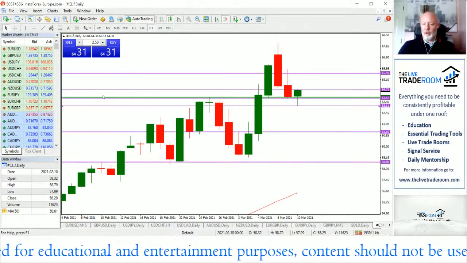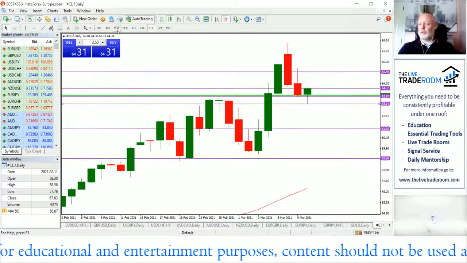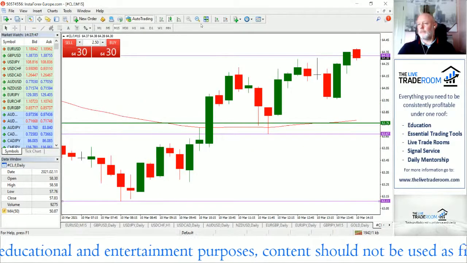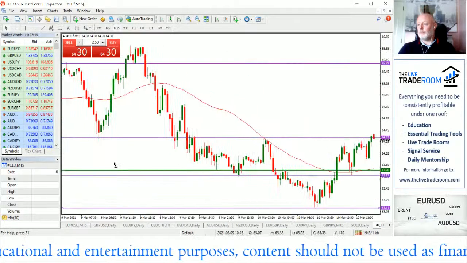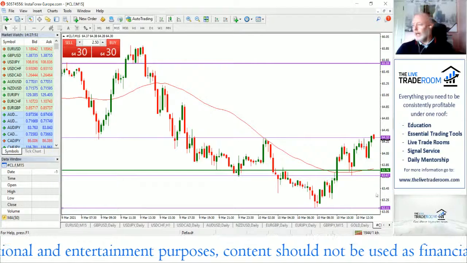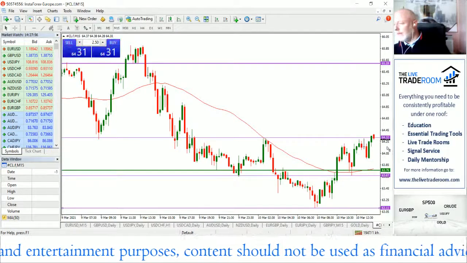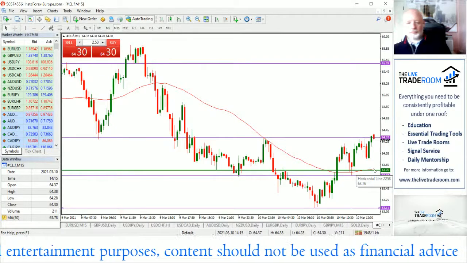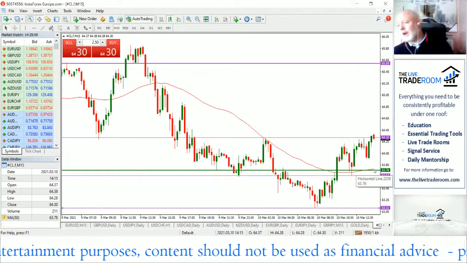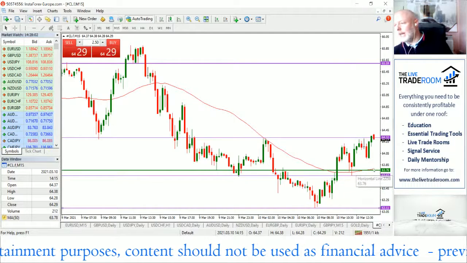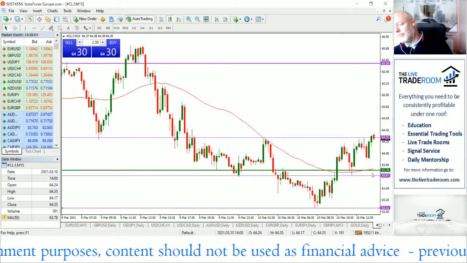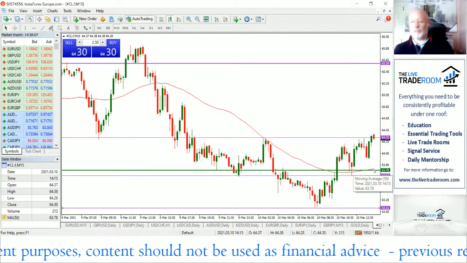So we don't want to overcomplicate trading. So you've got the 50 period moving average here, actually, on the 15-minute time frame. And it's not an EMA. An EMA would be slightly closer to price, but we've just got a simple moving average.